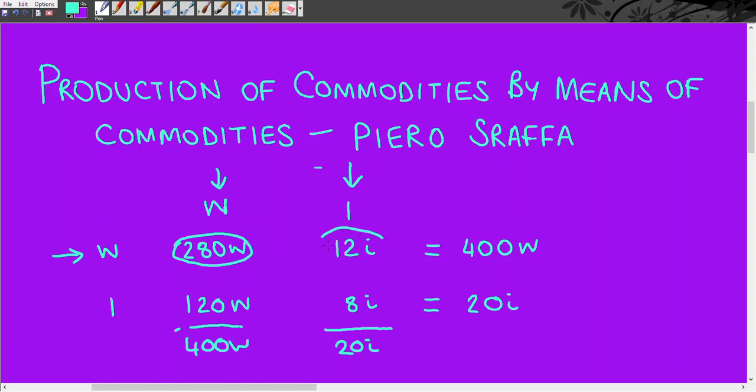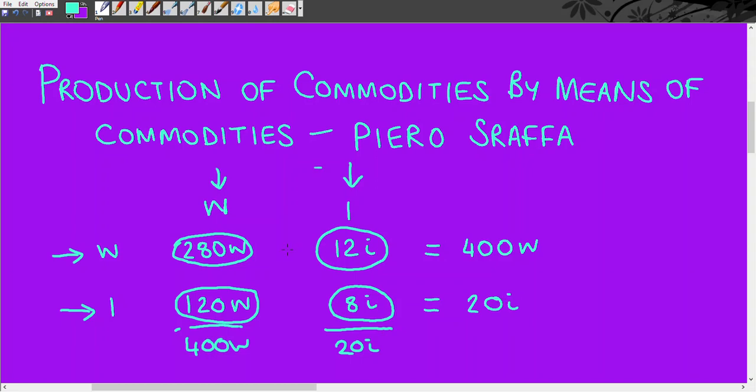And over here in the iron industry, we have the workers. They need 120 wheat in order to eat, and the iron industry also needs iron to make iron. It's like the capital input.